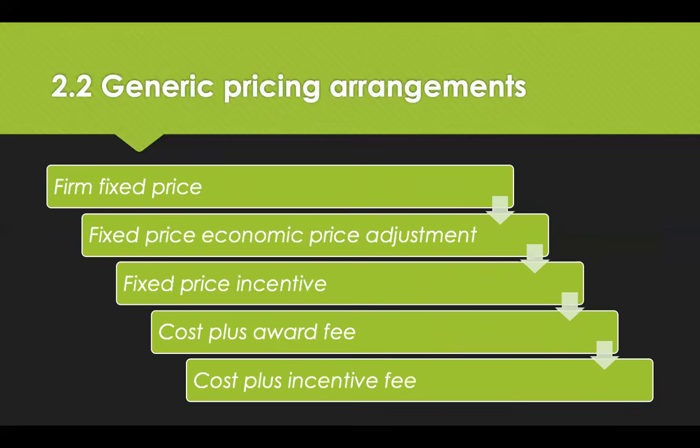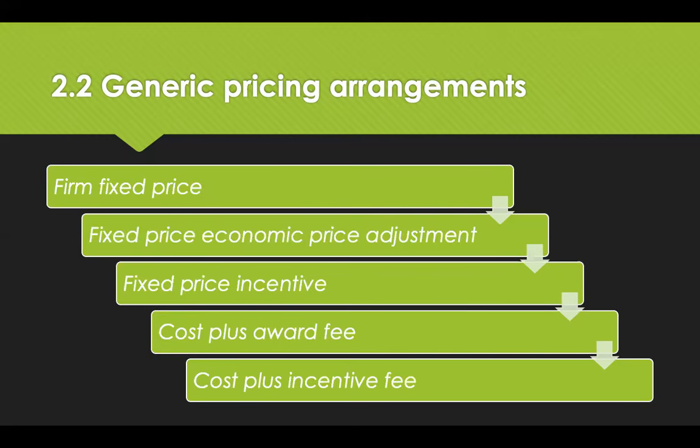Fixed price incentive provides for a profit adjustment according to a formula based on the total target cost. Cost plus award fee: your base fee plus an award fee determined according to individual milestones. And a cost plus incentive is when you reimburse the supplier for its cost and you add on top a negotiated fee.